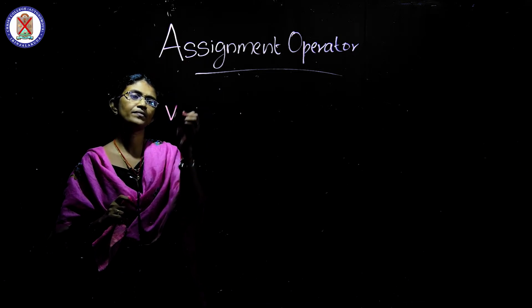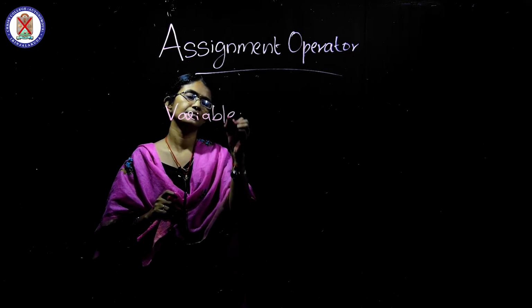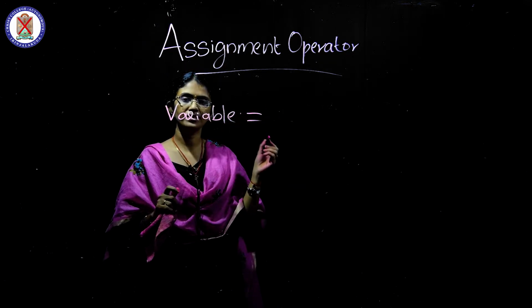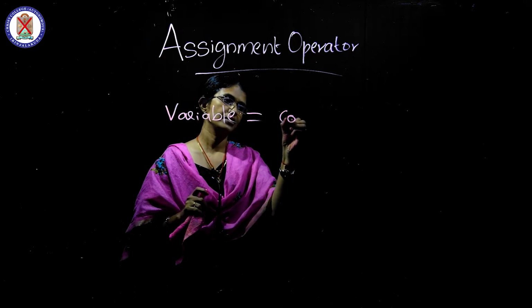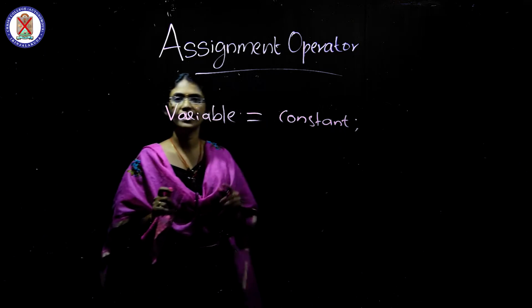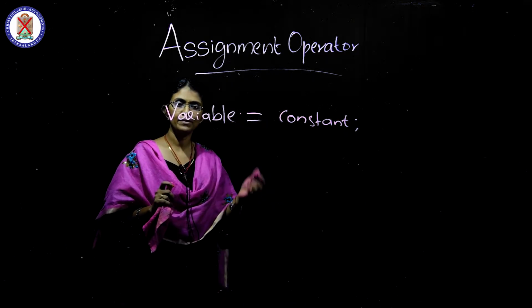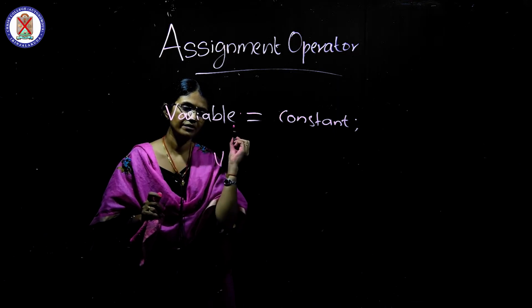For example, this is a variable, the assignment operator, and a constant. This is an assignment operation, and we also have a set of shorthand assignment operators.